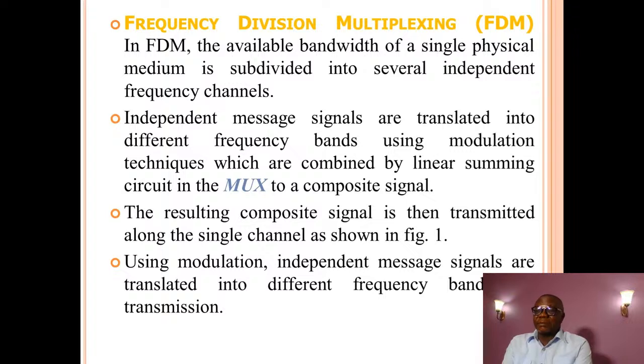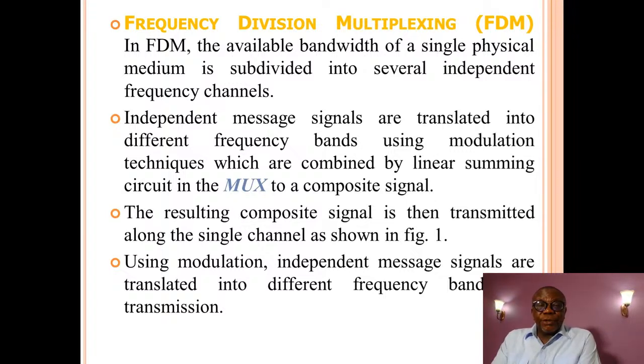We talked about pulse code modulation, analog modulation, amplitude modulation, and frequency modulation. So if you are still not getting what modulation techniques are, I refer you back to some of these lectures I've given in the past.